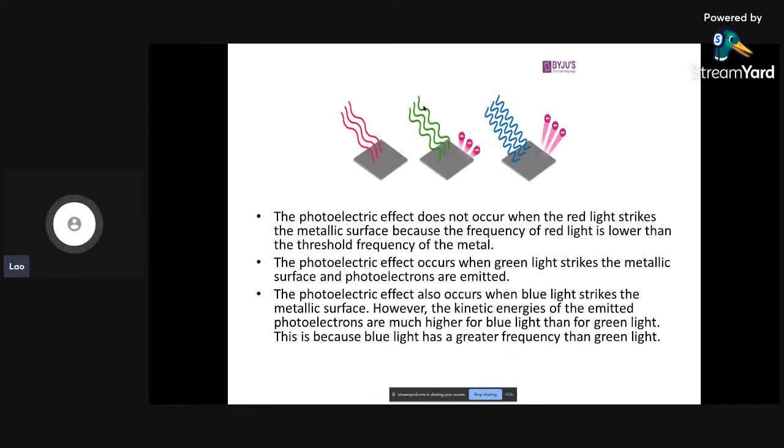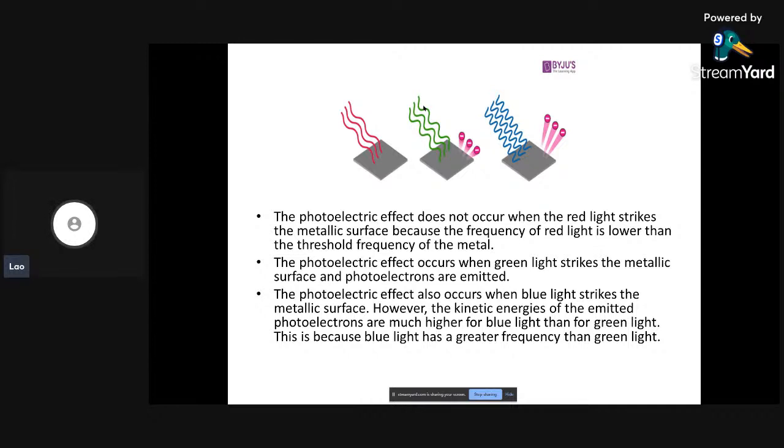So ito, the photoelectric effect does not occur when red light strikes the metallic surface because the frequency of red light is lower than the threshold frequency of the metal. So ito yung sinasabi ko kanina, yung mga visible color na makikita natin sa electromagnetic spectrum, di ba?